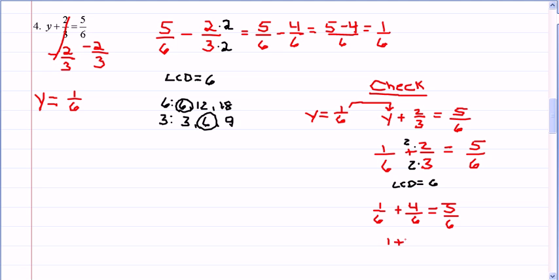And I can write this as 1 plus 4 over 6. Both sides equal 5 over 6. So since the two sides are equal, the answer of y equals 1/6 is correct.